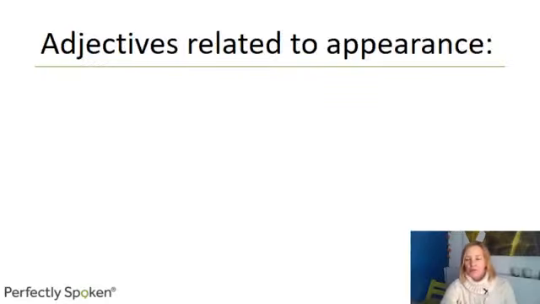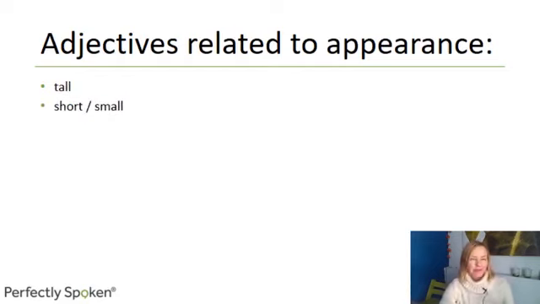Now, let's put some adjectives up related to appearance, okay? Because I was really talking about my mum's physical aspect. That is your appearance, okay? So if we go back to the screen, you can write down the list of adjectives and focus on the pronunciation as I put them up, okay? So we've got tall, short or small.